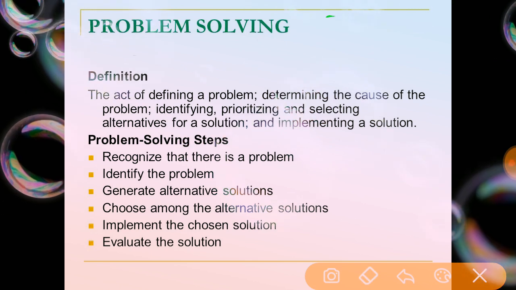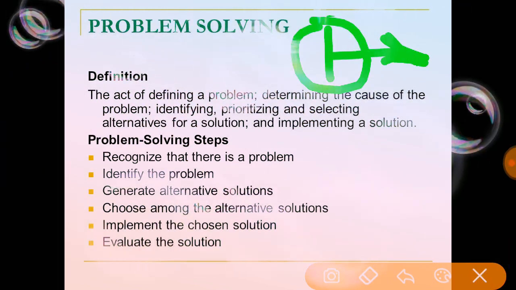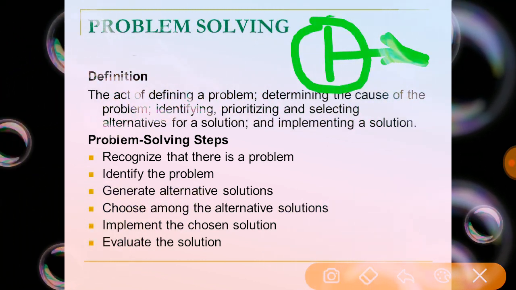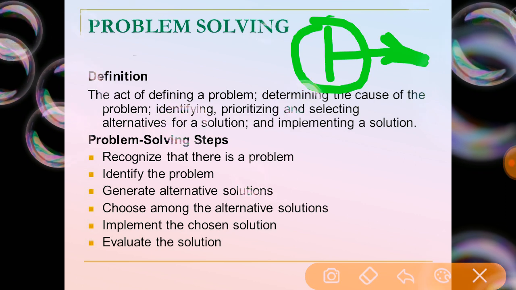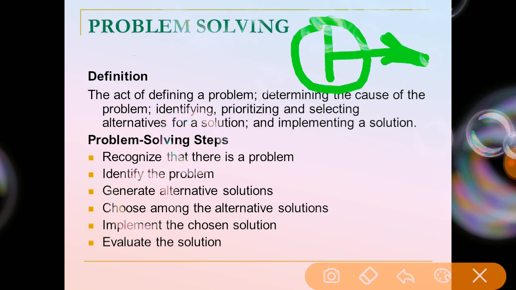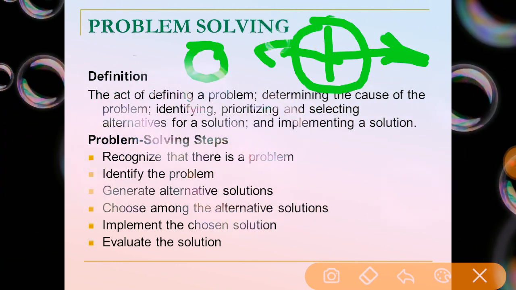If there is only one chance to overcome this problem, there is no chance to select another alternative for the solution. If there is the same kind of problem and no chance to select any other solution, then you have to select one of the alternatives.